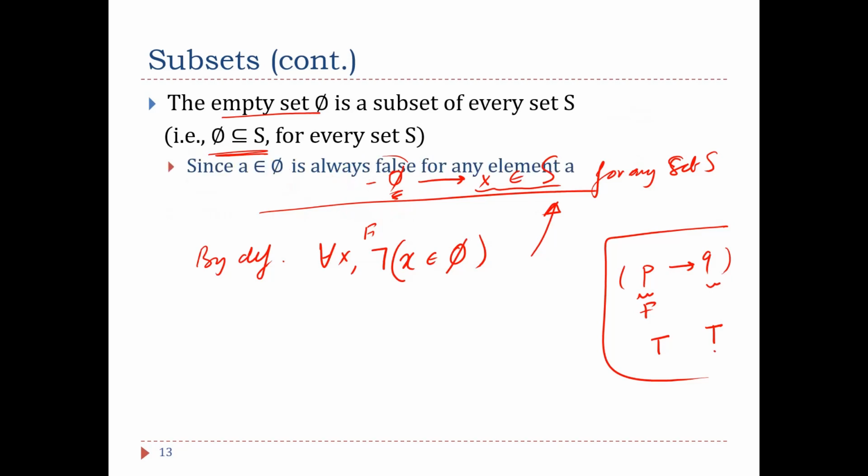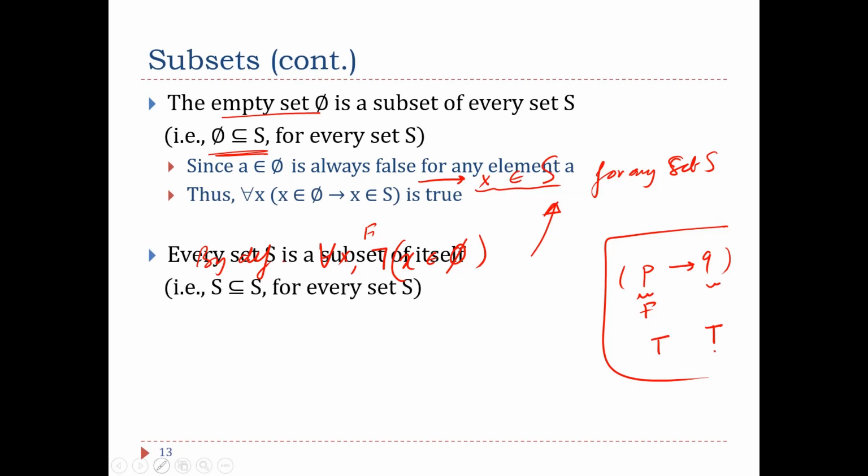What else? I think we answered this question already in the discussion. Another side effect is that every set S is a subset of itself, because if you pick any element X in S, you will necessarily find it also in S itself.